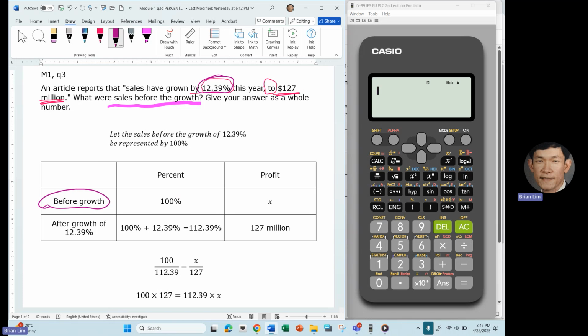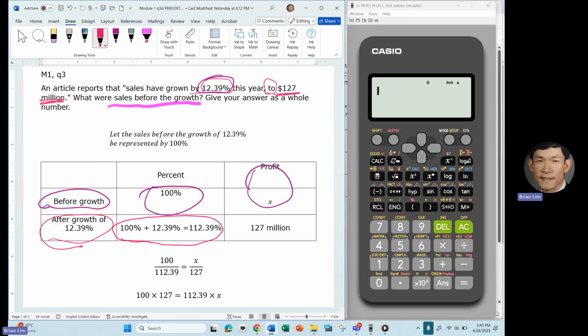Okay, so the before growth is 100%, and that is represented by X. So after growth of 13.9% here, we have 100 plus 13.9, giving us 112.39. Now it has grown to this amount here of 127 million.